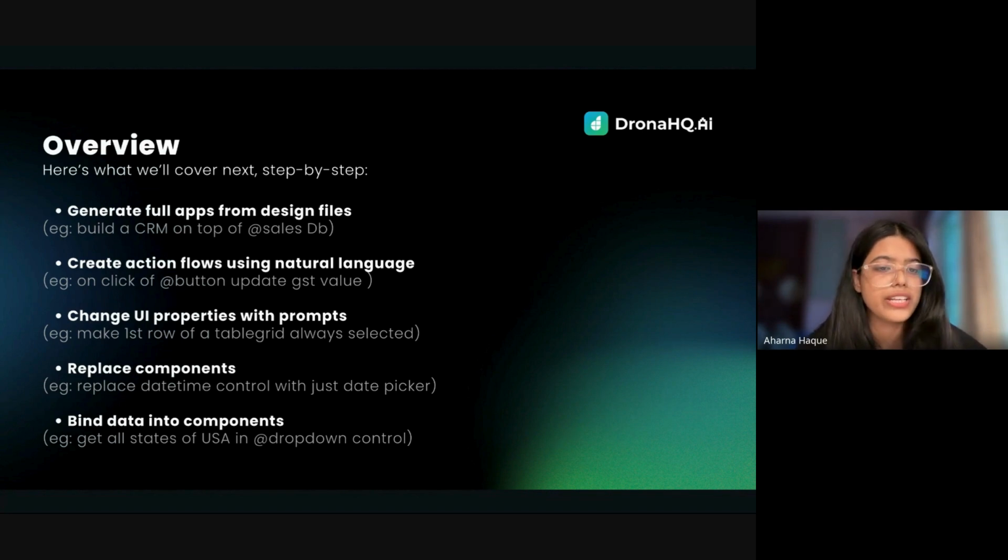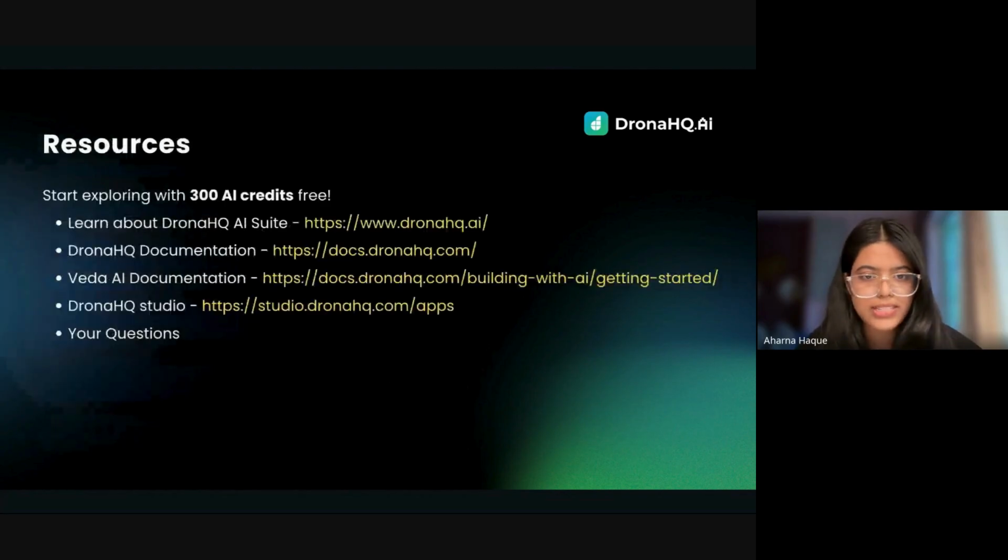Also, we will be creating action flows using natural language, just via prompts. And then we will also be changing properties using prompts, replacing components, and binding data to our controls. That's mostly what we are going to do today, step by step.